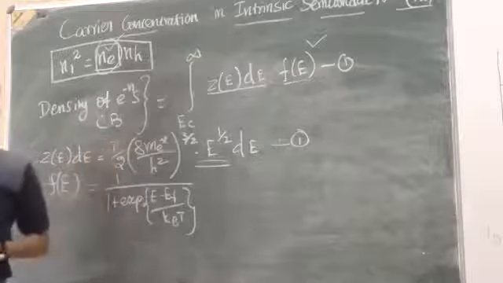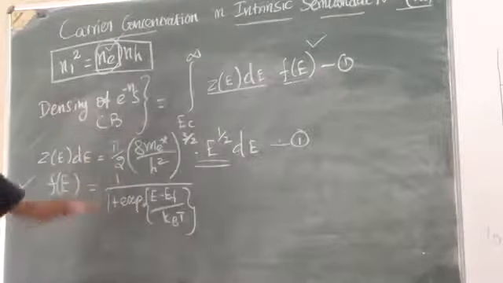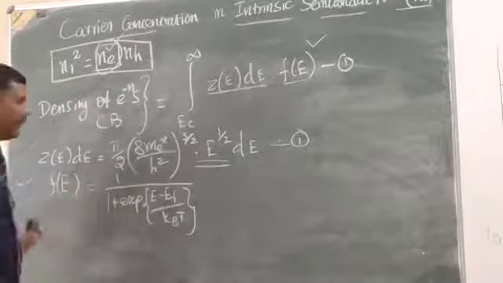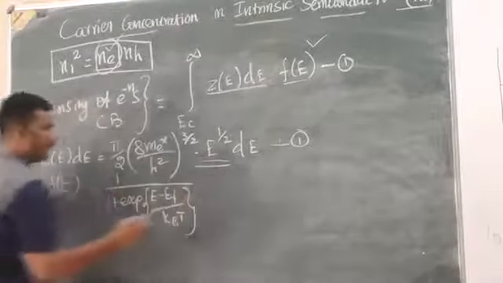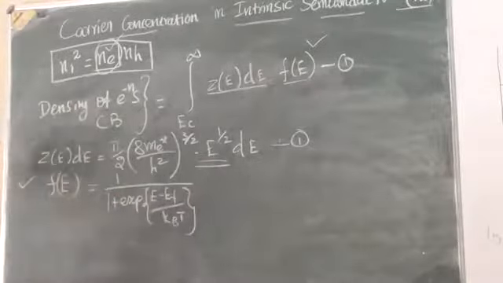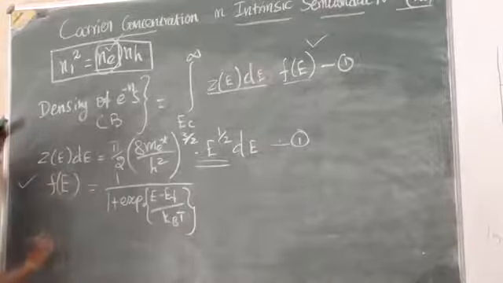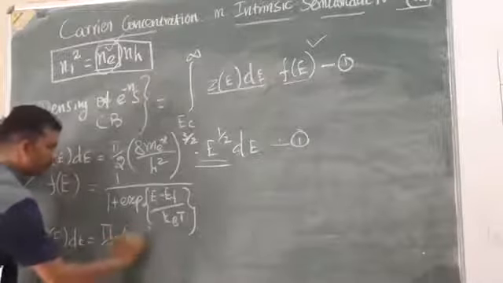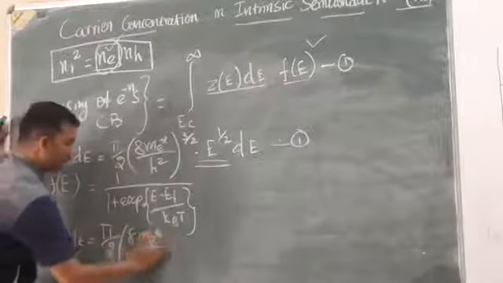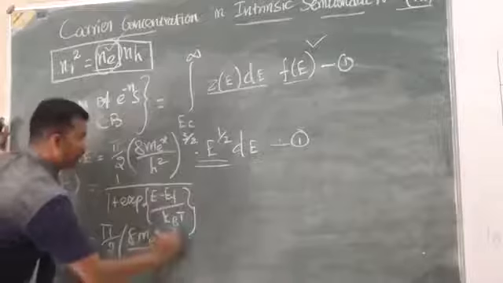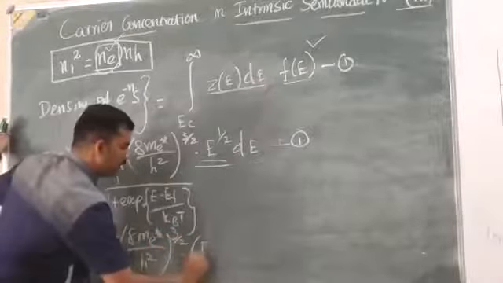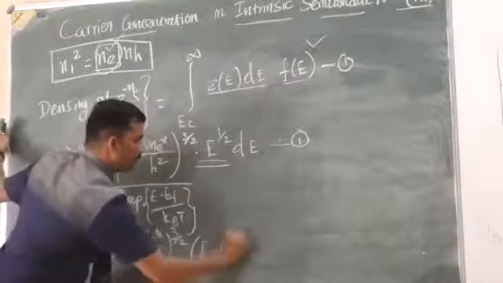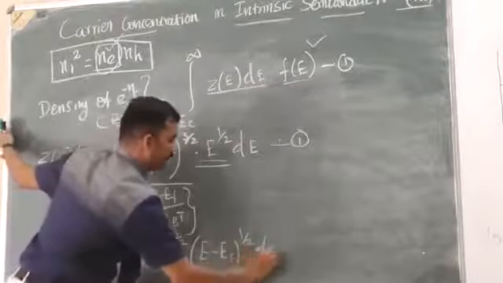Alright. So here look at the term E power of. This is the energy level term. So here, instead of E power of, we need to write E minus EC whole power of. So instead of that, Z of E dE equals pi by 2 into 8 m E star by h squared whole power 3 by 2 into E minus EC whole power of into dE.